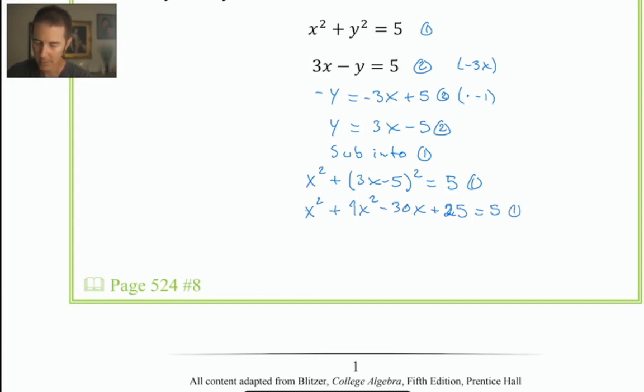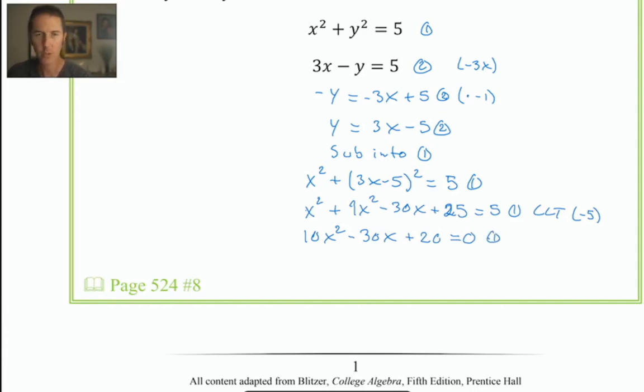And now let's combine like terms. I now have 10x squared minus 30x. And I've got a plus 25, and then there's that 5 on the right-hand side, so I'm also going to subtract 5 from both sides of my equation. That leaves me with a plus 20 equals 0. You can keep labeling this equation 1 if you like.